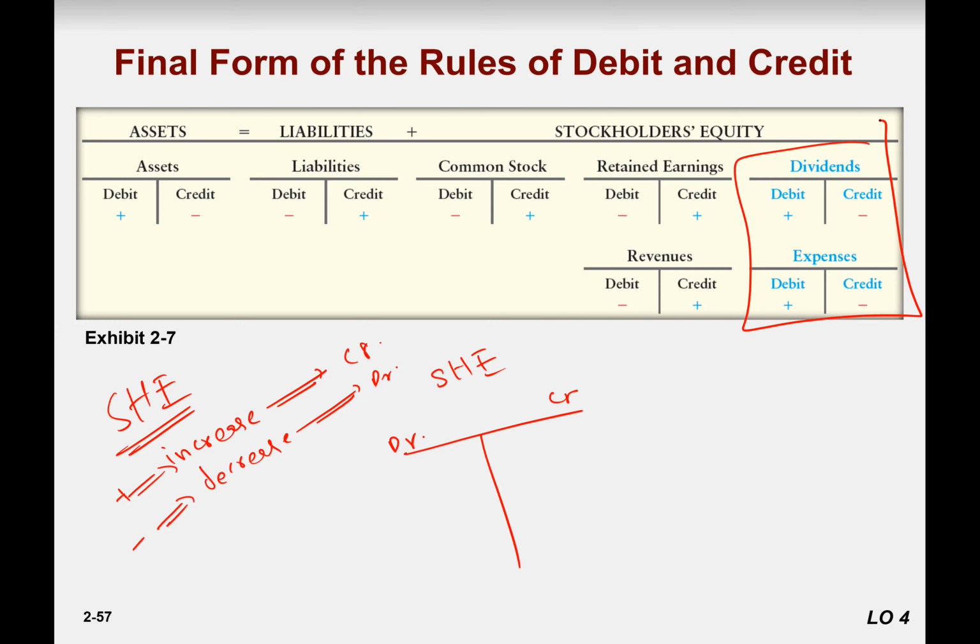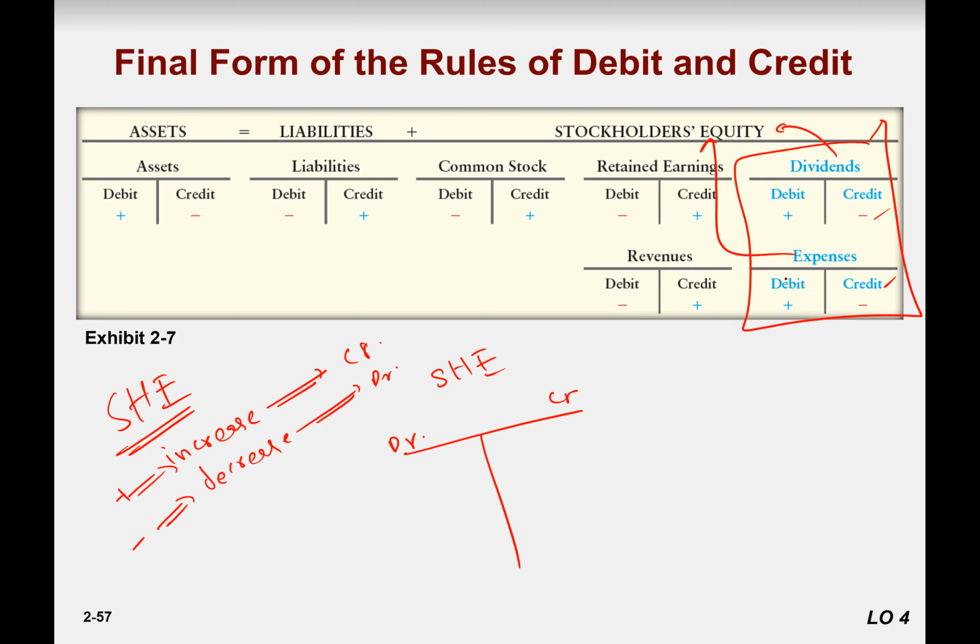dividend and expenses. So you can ask a question: sir, dividend belongs to stockholder equity, expenses belong to stockholder equity, then why does an increase in expenses cause debit, and also the dividend, and why does a decrease cause credit?